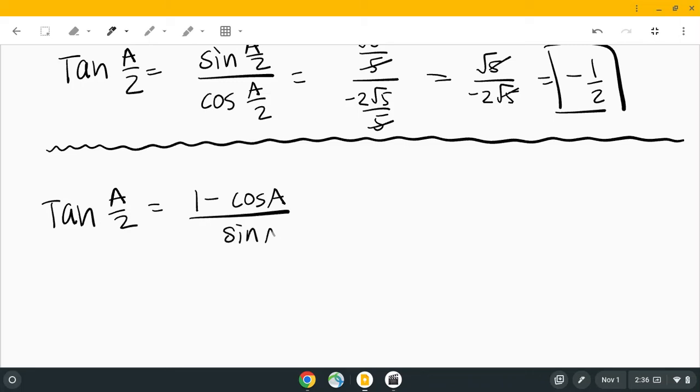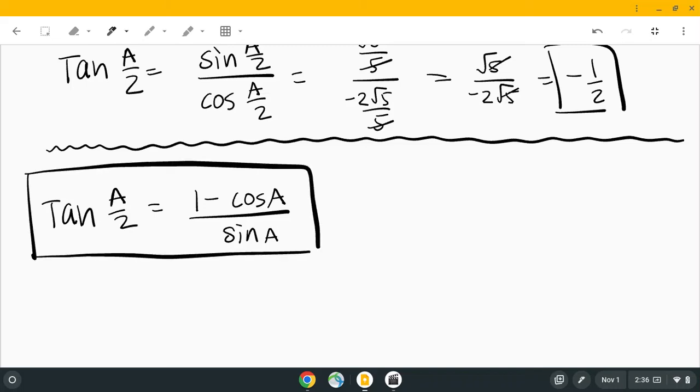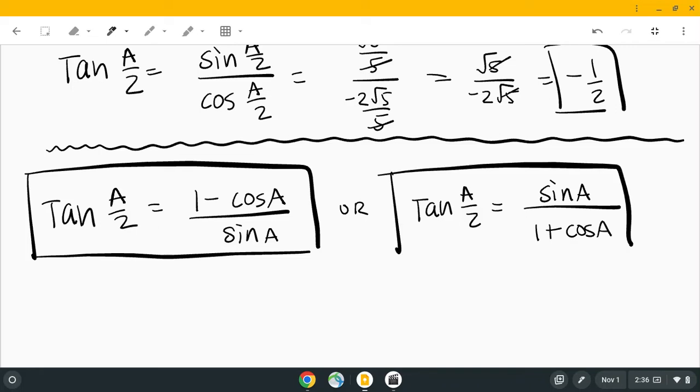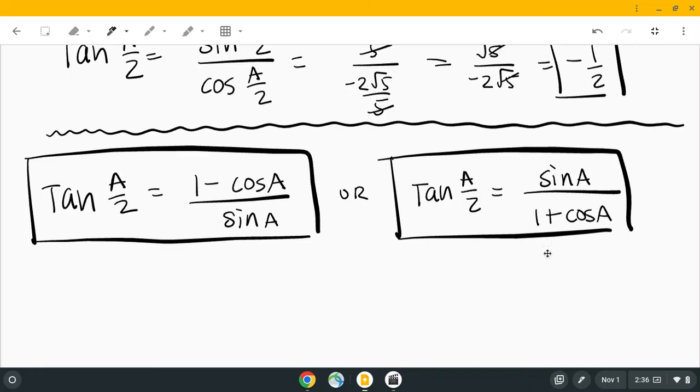You can use this one here: tangent A over 2 is equal to 1 minus cosine A over sine A, or you could use tangent A over 2 equals sine A all over 1 plus cosine A. You can use either one. You'll get the same result.